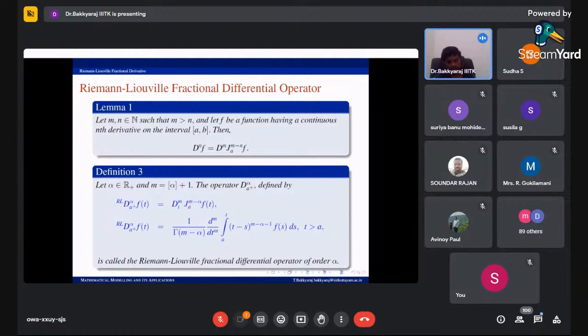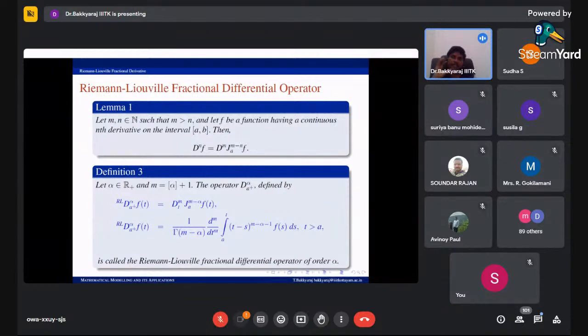In order to estimate the fractional derivative at a particular time t naught, you need the full range of values of f of t. So this is called memory. It predicts the memory effect in the system.